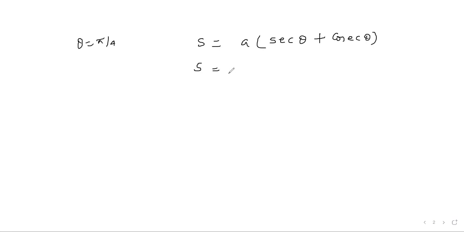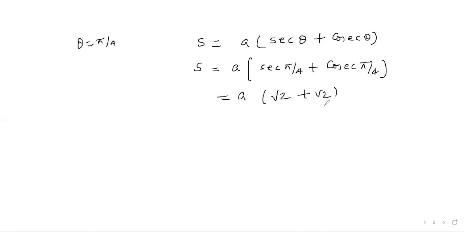So S equal to a times sec pi by 4 plus cosec pi by 4. Both give root 2, so a times root 2 plus root 2, that is 2 root 2 times a.